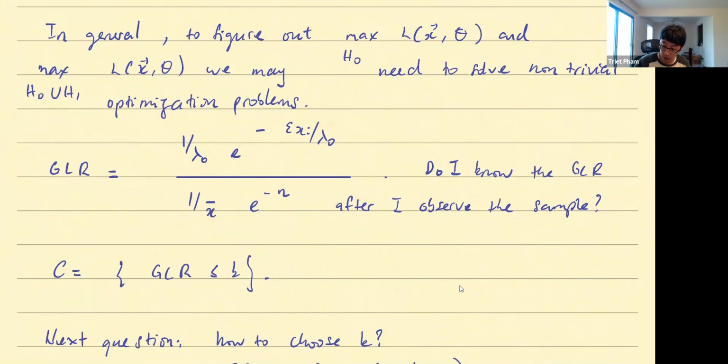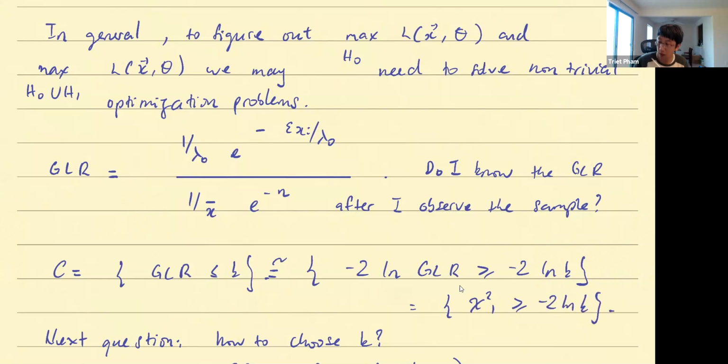How does that help? It exactly helps you to find k here, right? Because if you do this, it will be approximately: minus 2 natural log of GLR is bigger than or equal to minus 2 natural log of k, which is chi-square of 1.